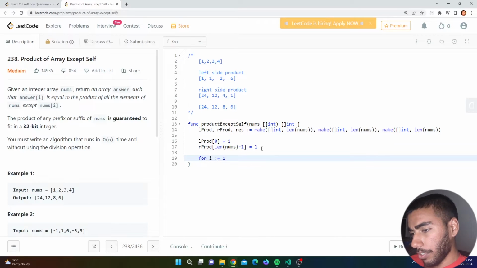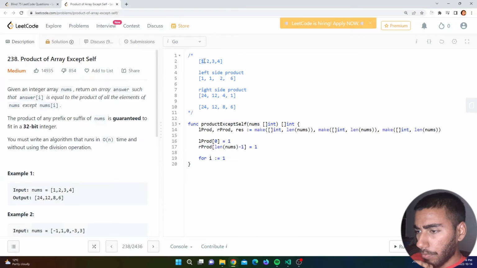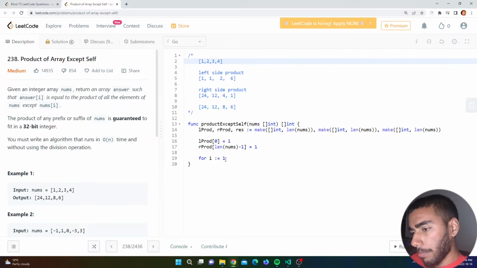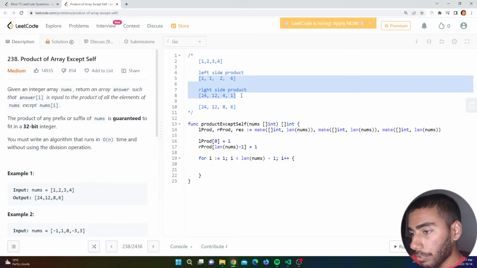This will need to start off at 1, because there's no need to start off over here, since we need to multiply the next number. So I is less than length of nums, and then finally I plus plus. And now we just have to build these two arrays.